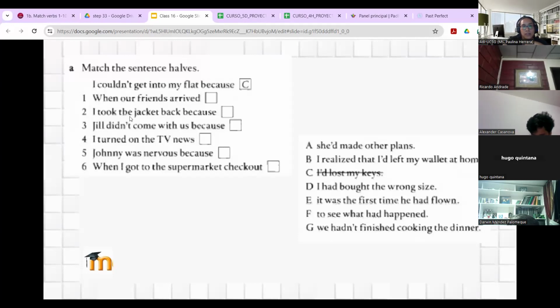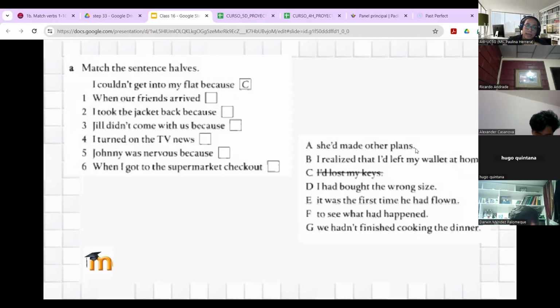I took the jacket back because Jill didn't come with us because I turned on the TV news. Johnny was nervous because when I got to the supermarket checkout. So we have the beginning of the sentences, and then we have our sentences in past perfect.